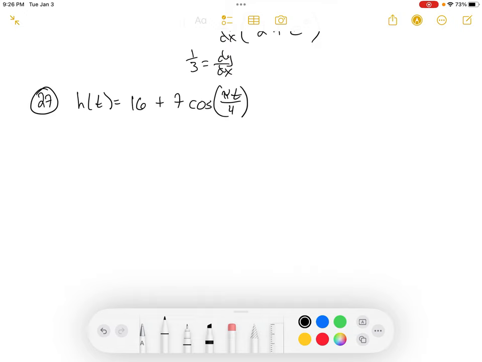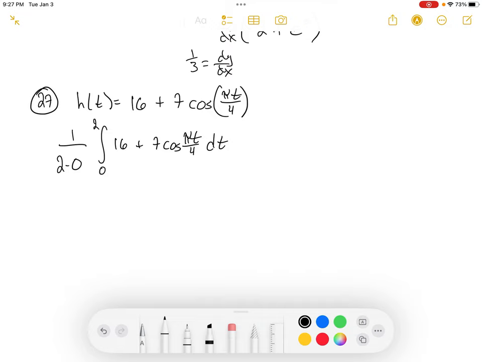Well, we know what the average height is. The average height from 0 to 2 is simply given by 1 over 2 minus 0 times the integral from 0 to 2 of this mess. That's what that average value is.